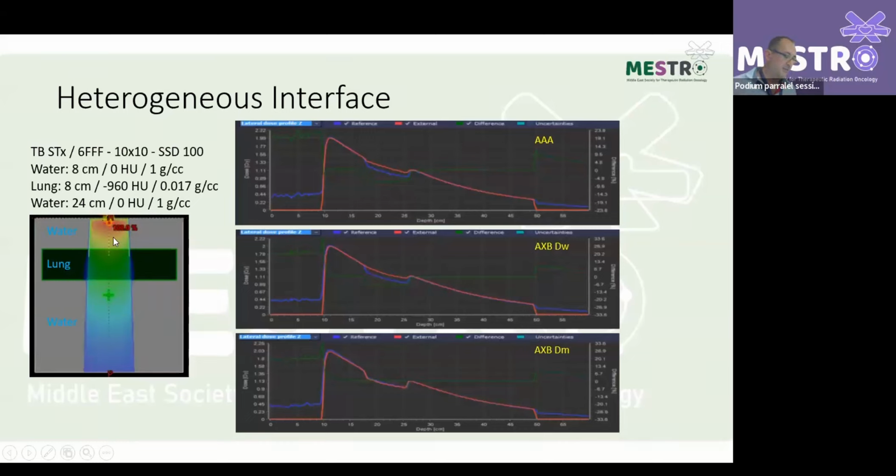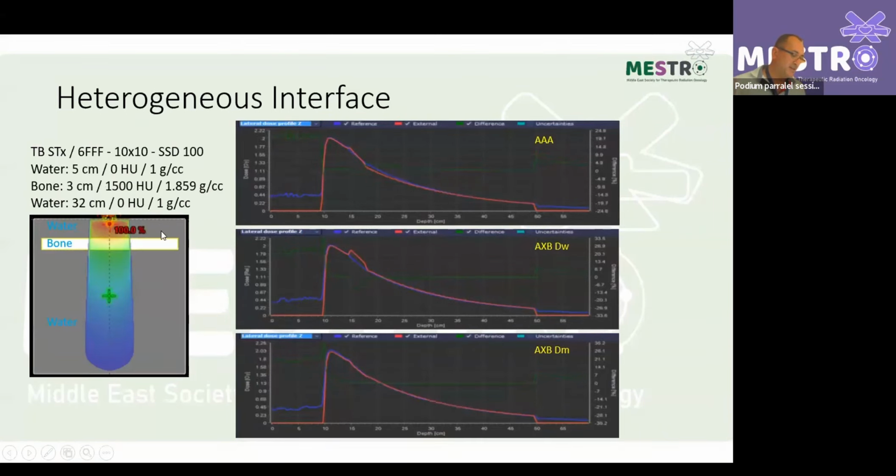I calculate the PDD in Eclipse, and the plan is sent to Primo for simulation. As you can see here, the simulation result shows an excellent agreement between Primo and Acuros dose to medium. The behavior of AAA and Acuros dose to water is similar. I have a difference around 5%.